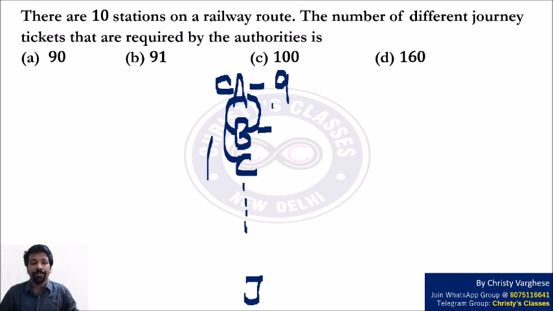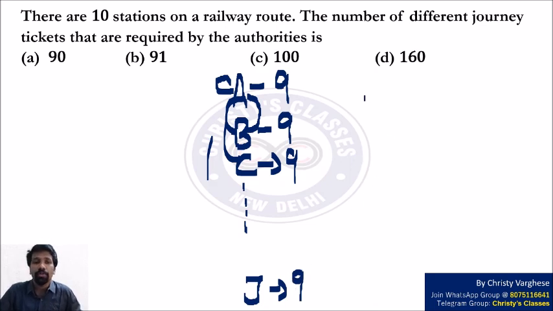That's a simple idea. Again, I will say, if you forget permutation, no problem. Logically, you can do it like this. From A, 9 tickets. From B, 9 tickets. From C, 9 tickets. D, 9 tickets. All the 10 stations have 9 tickets to be issued. So 10 stations with 9 tickets means 10 into 9, 90 tickets.